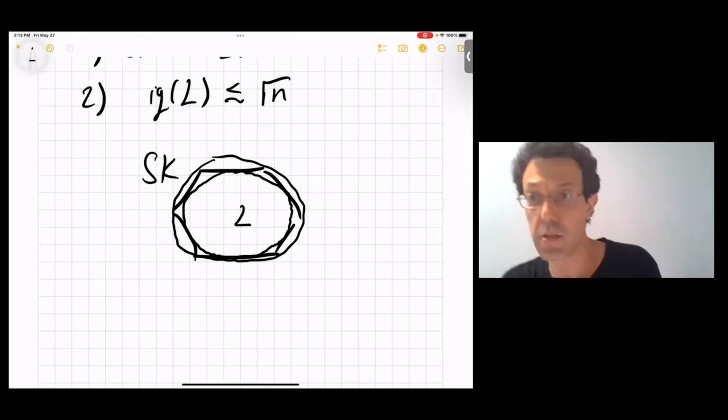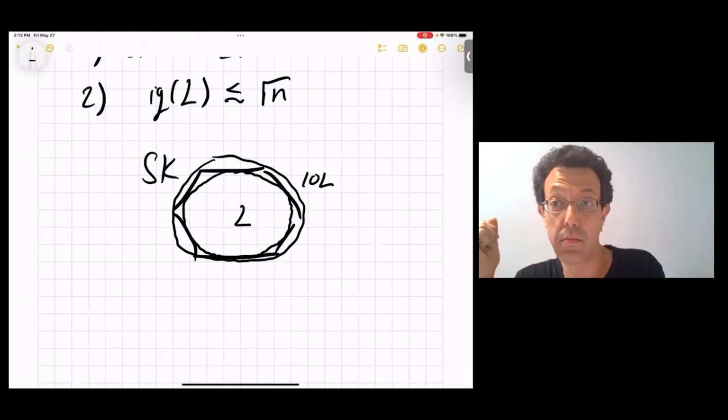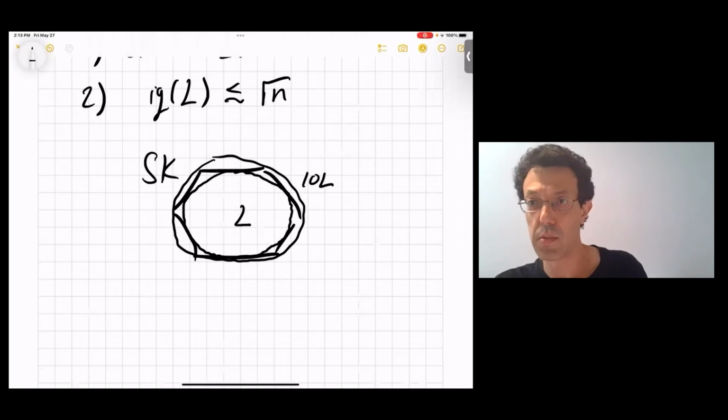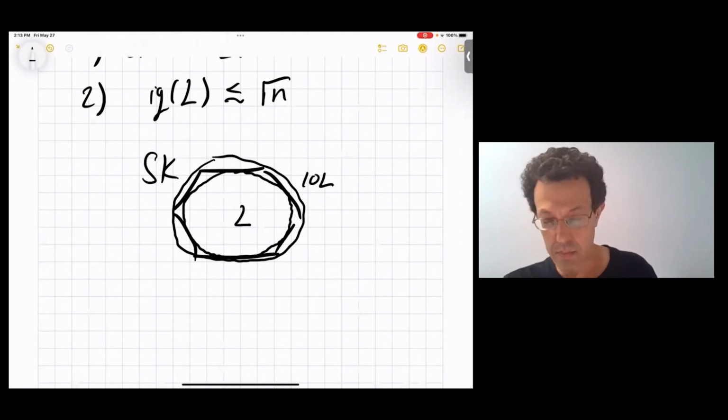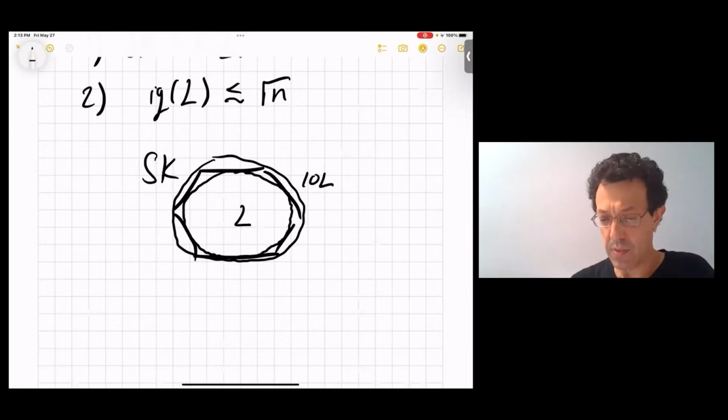So maybe this is 10 times L or 100 times L. I don't know what the constant will be. But this new L is really like a ball in terms of its surface area. Its isoperimetric quotient is at most root n, not n. You cannot do better than n if you don't allow this perturbation. So we will see later an application of this.